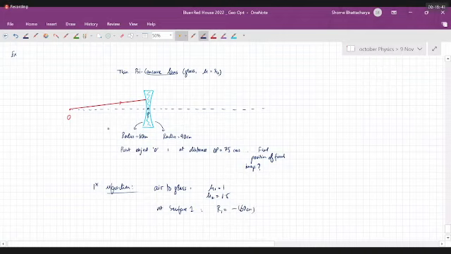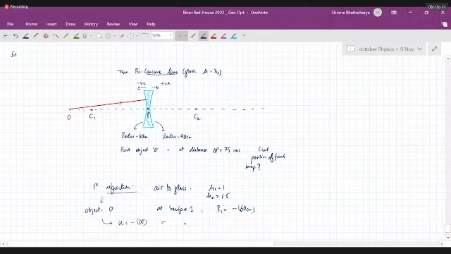You can see that the first surface's center of curvature will be on this side, and the second surface's center of curvature will be on that side, and we take this as negative and this as positive. For this surface, the object is O, so the object distance will be minus OP.